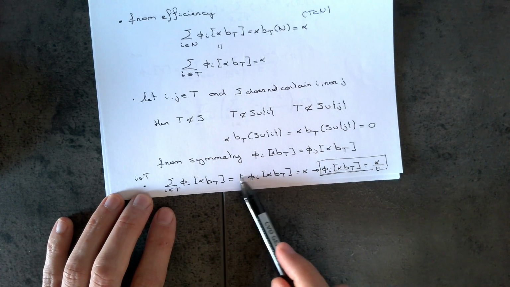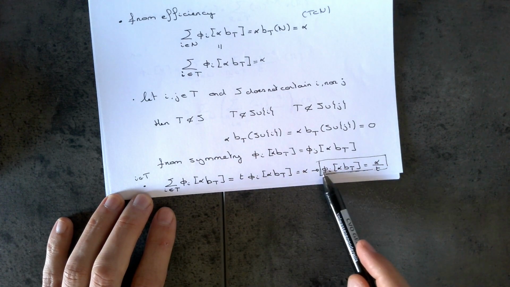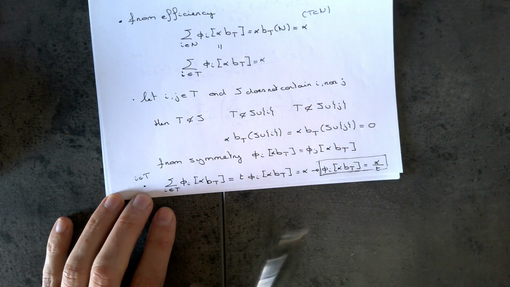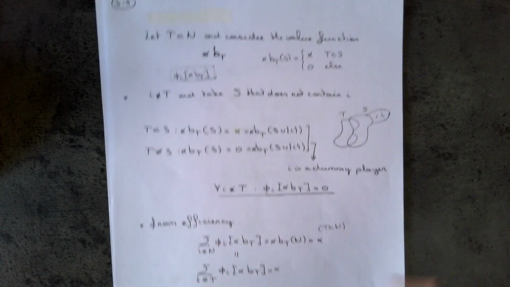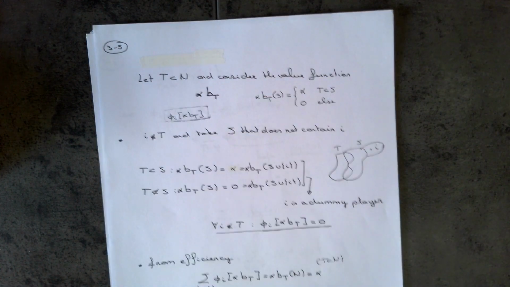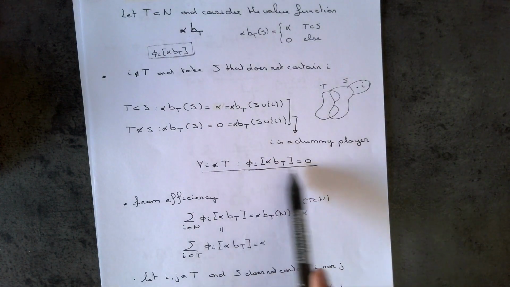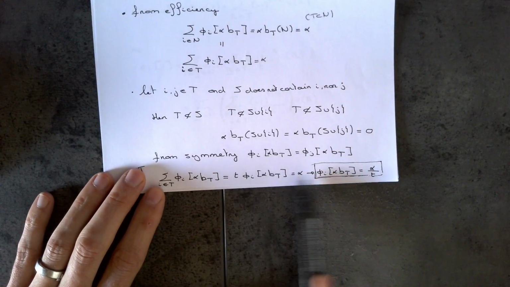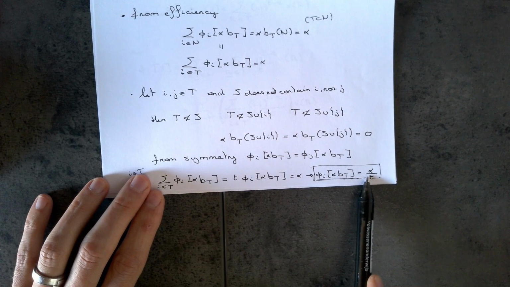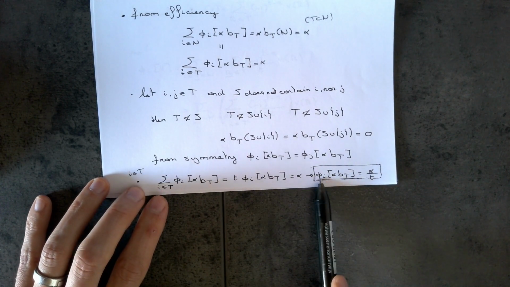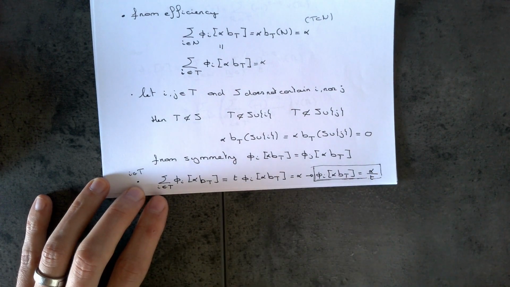So just dividing alpha by t gives me that phi I of alpha B_T is alpha divided by t. So in other words, what do we have? If we have this game alpha B_T, where B_T is the base game, then every player not in T receives the value of 0, and the value is equally divided among all the members in T. For I in T, phi I of alpha B_T is alpha over t.